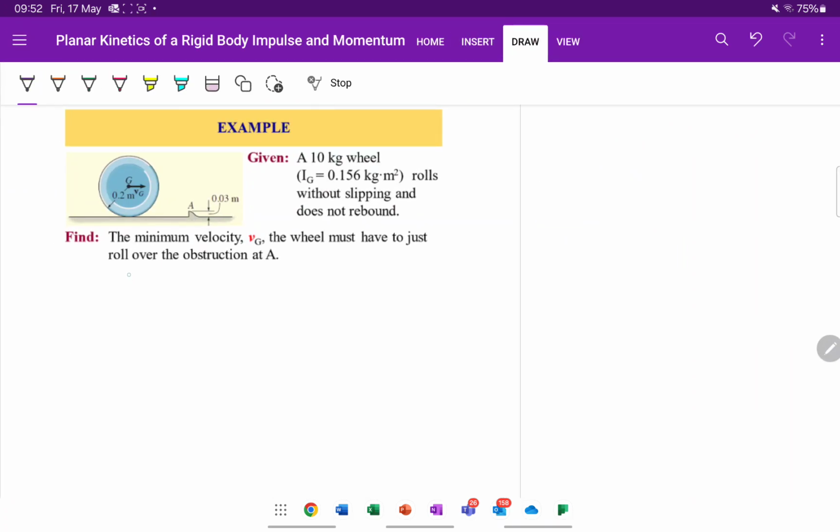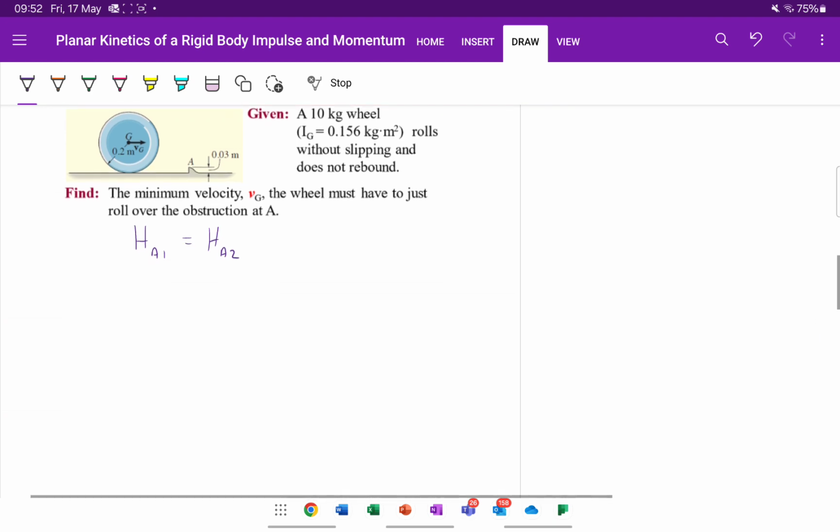Okay, so when we think of conservation of momentum, we're saying, well, our angular momentum at the start is equal to our angular momentum at the end. That's conservation of momentum. If we drew those same sorts of diagrams as we'd drawn earlier, we're going to have one where it's just hitting the step, so the start of the movement, if you like.